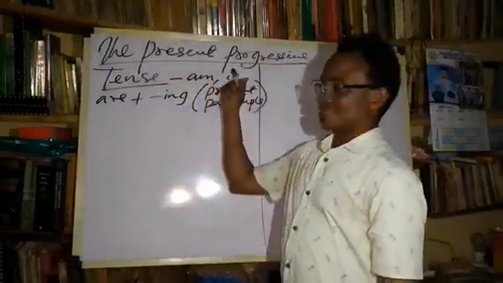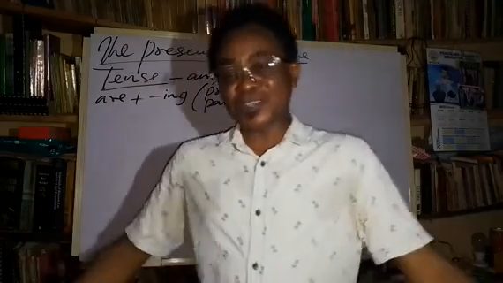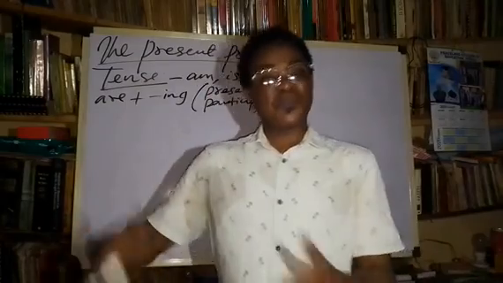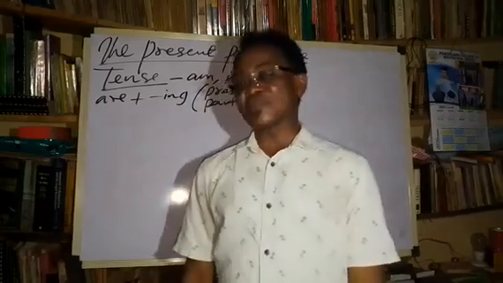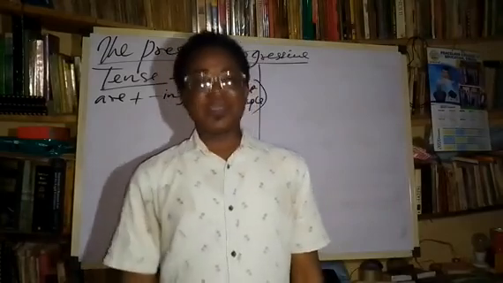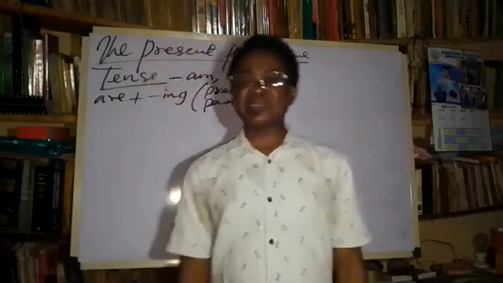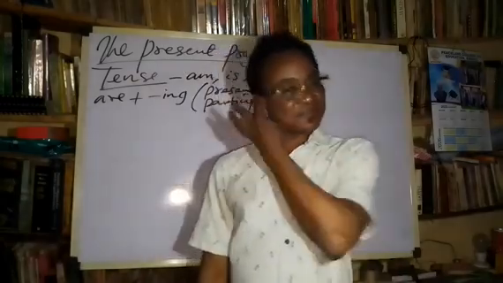Some grammarians prefer to use continuous, which is also correct. Present continuous tense or present progressive tense are the same. In fact, it is the present progressive that actually expresses an action in the present, because it means this is what is happening now. It talks about an action taking place when the speaker is talking about it.